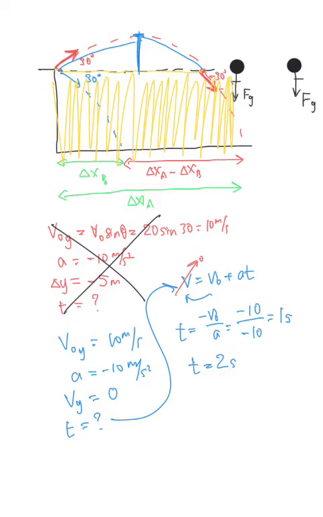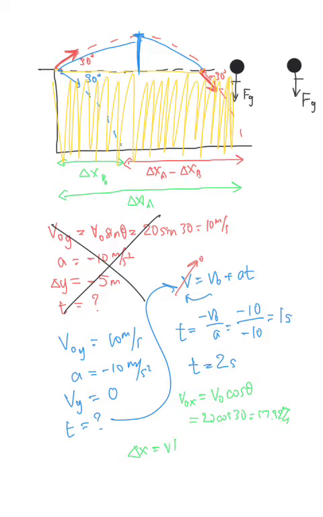To do that, we need to get the velocity in the x direction using v0 cosine theta. So the velocity in the x direction is 20 times the cosine of 30, which is 17.32 meters per second. And for the horizontal distance, remember in the horizontal direction we can only use the constant velocity formula.